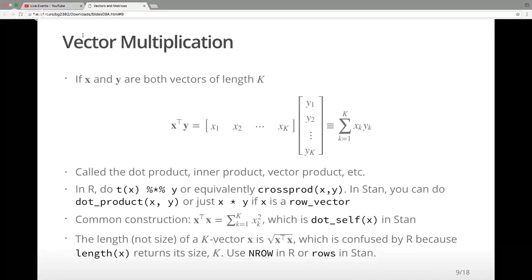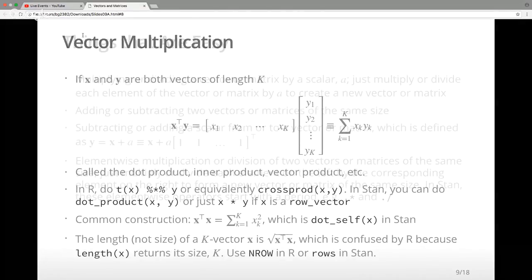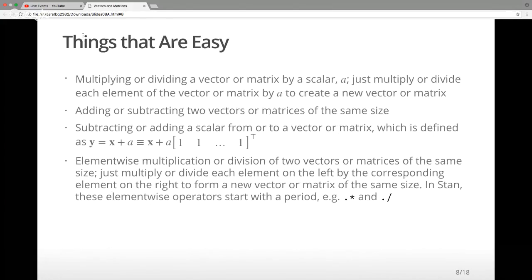and the result is a scalar. So vector multiplication inputs two vectors of the same size and outputs a scalar, whereas element-wise multiplication of two vectors inputs two vectors of the same size and outputs a vector of the same size.